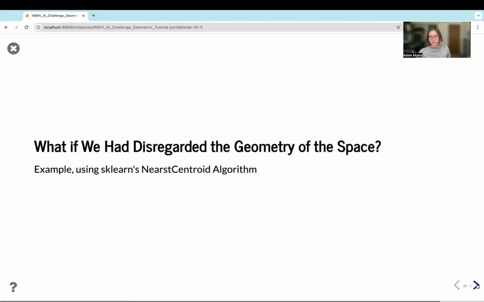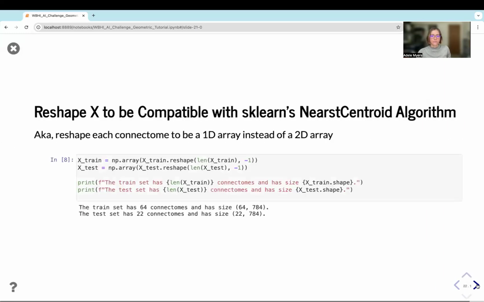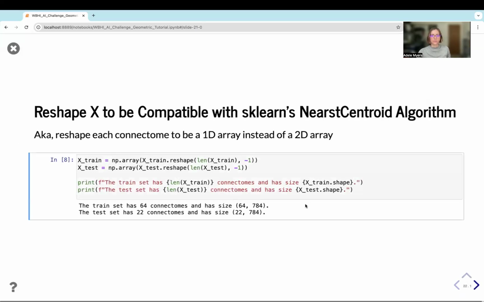So what if we had disregarded the geometry of the space? What if we had just acted like matrices don't fall on the SPD manifold and computed everything using Euclidean distance? Well, we can test that using sklearn's nearest centroid algorithm. First we have to reshape all the data to be compatible with the nearest centroid algorithm, because Geomstats can take higher dimensional data than the nearest centroid algorithm can.